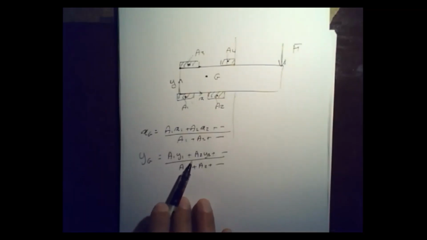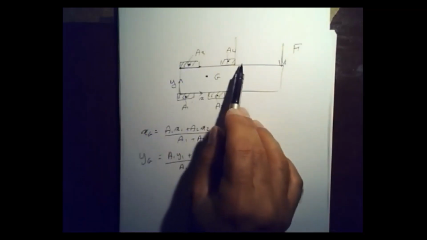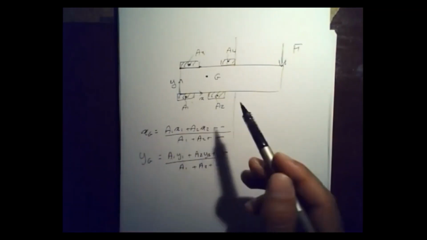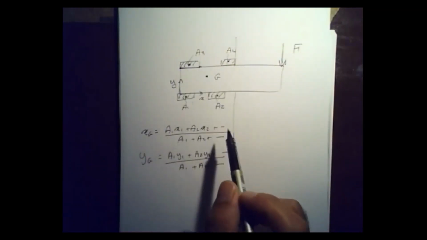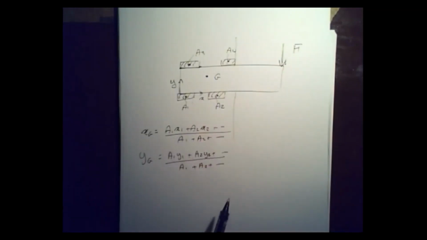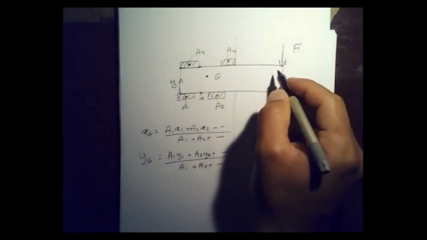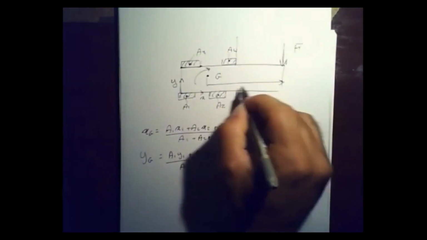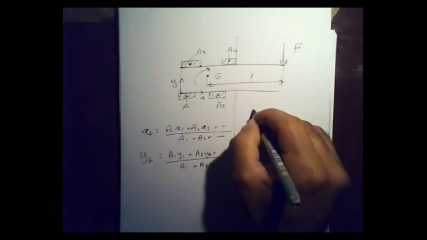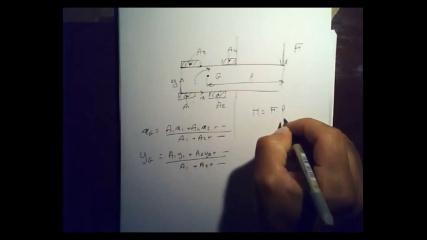This is obviously very general, but in the case of a drawing, you should be able to clearly identify where the centers of these welds are, and you can get the centroid of this. So this is your G. Now I can basically get the moment, and the moment is going to be F times L, where L is the length from here to here. So the moment is equal to F times L.